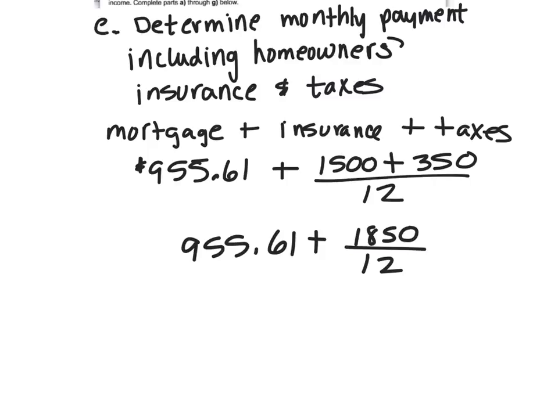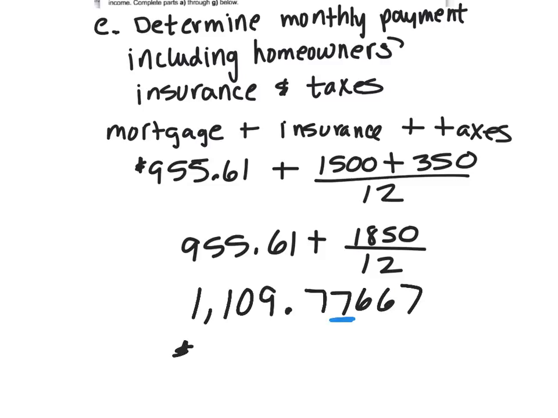If I add those together, I get a total of $1,109, and then it's like 77667. It goes on and on. But because we're using money, we're going to round to the second decimal place.